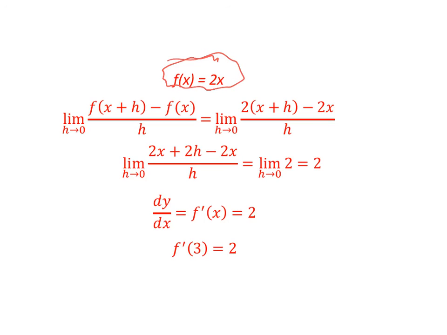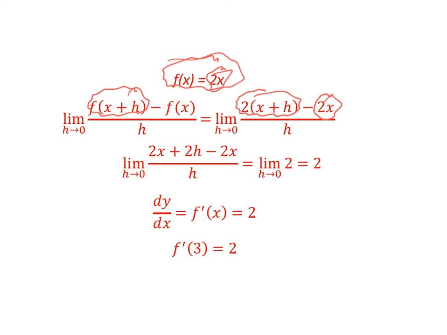So the function is 2 times x. Well, now it's going to be 2 times x plus h. Okay, so that is this portion right here. That's simply equal to 2 times x plus h. Minus f of x, well, f of x is simply equal to 2x. So that's 2x right here, divided by h.